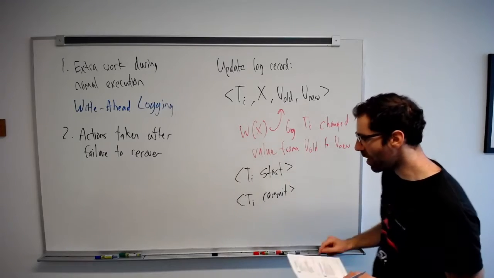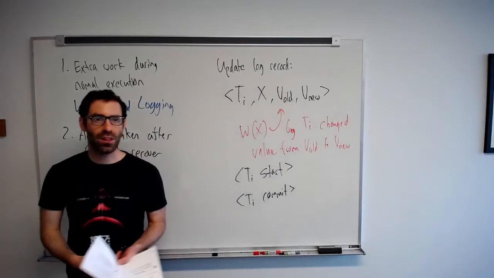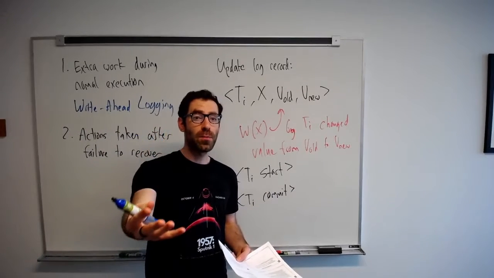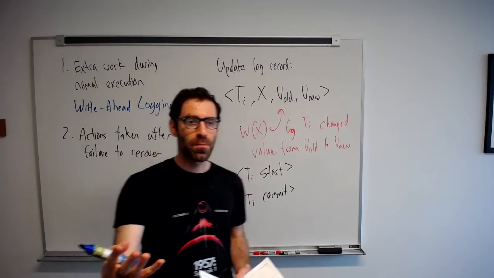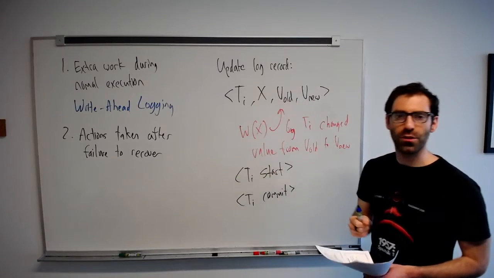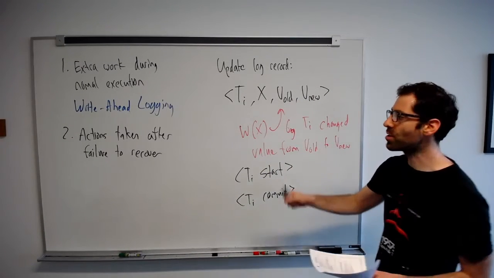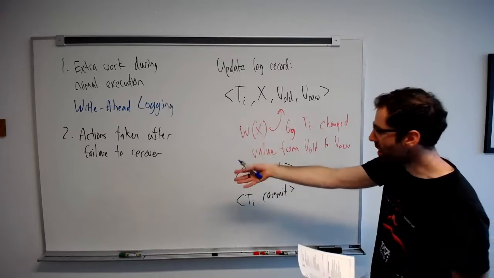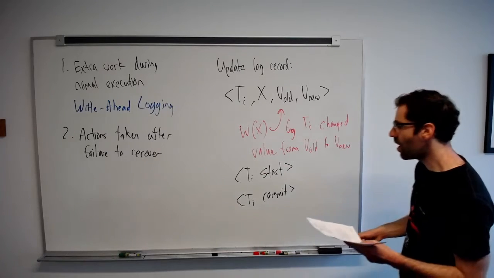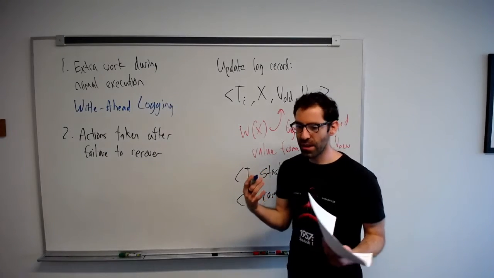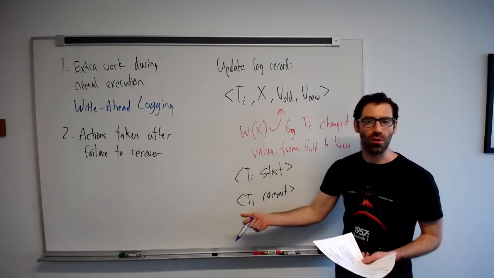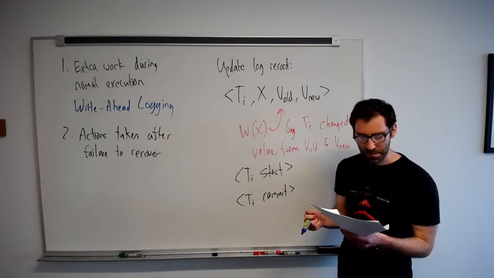And an important aspect of write-ahead logging says that we can't ever write pages that were modified out to disk unless the log records of those modifications are first written out to disk. So that's the write-ahead. We always have to get the logs out to disk before we get the pages out to disk. And a transaction has truly committed when this commit log record is written out to disk.